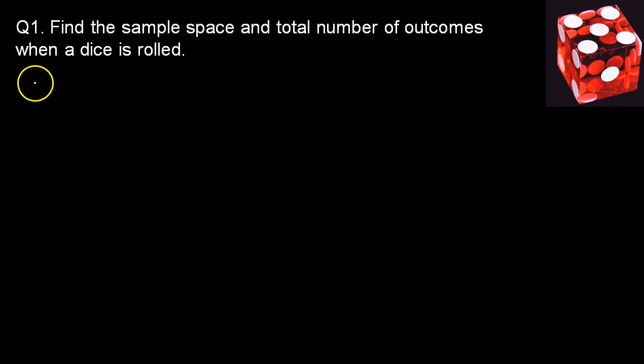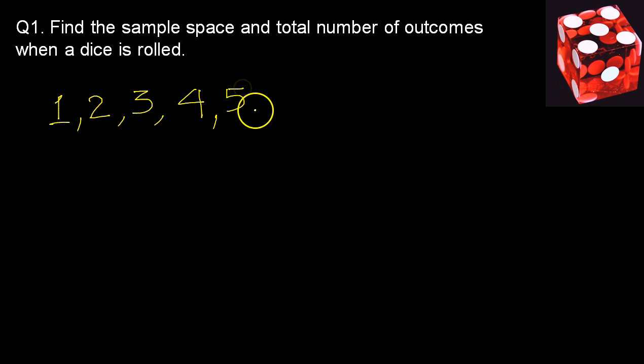Of course, when you roll a dice, either it will give me 1 or 2 or 3 or 4 or 5 or 6. Am I correct? Are you going to get anything other than this?